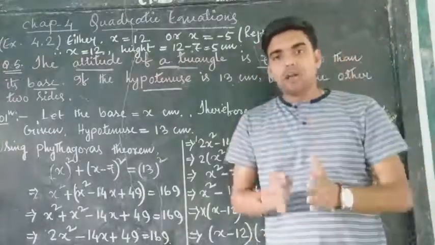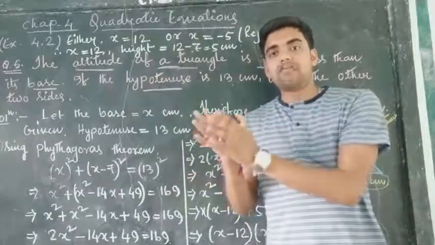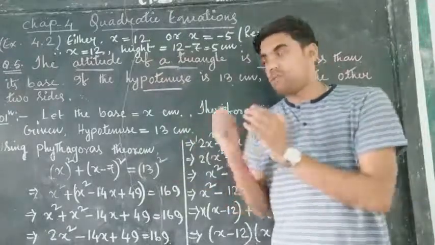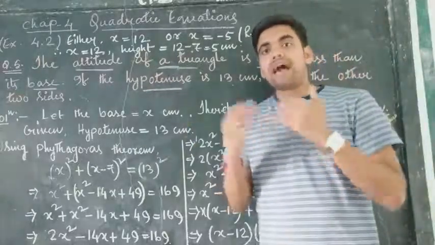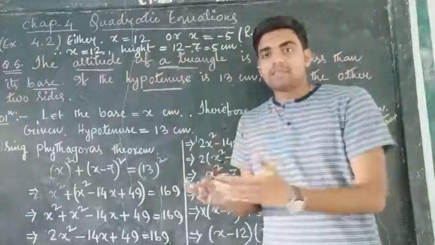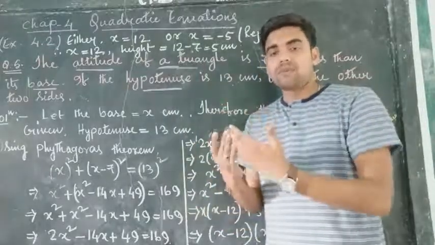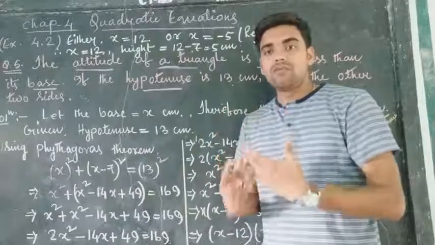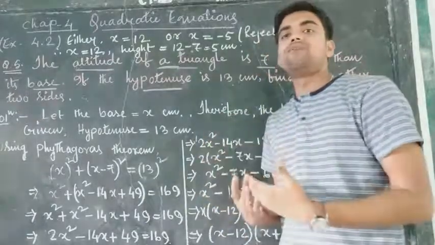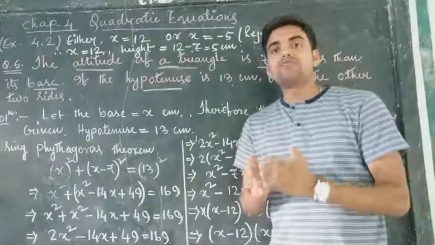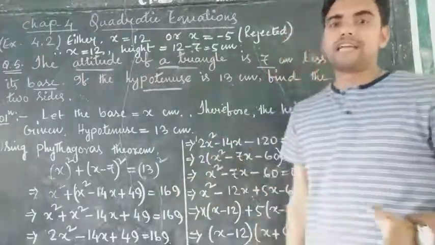We have to solve and find the value of the variable we have taken, x. When we find the value of x, then ultimately we find the value of the base as well as the altitude of this right angle triangle.